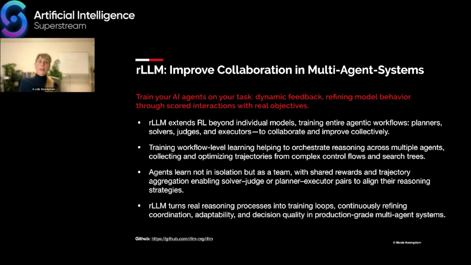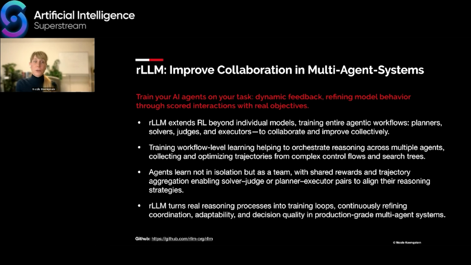So agents learn not in isolation, but they learn to behave within a team. And they get shared rewards and trajectory aggregation. And this enables solver-judge or planner-executor pairs to align their reasoning strategies within that whole system.